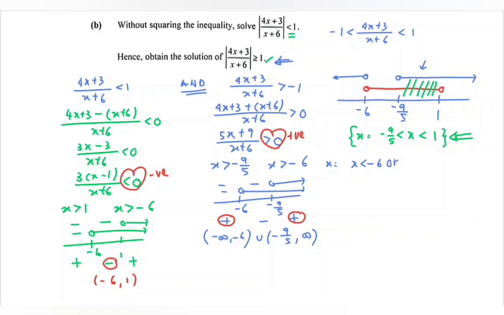Or, continue, x is greater than negative 6, less than and equals to negative 9 over 5. Or, we have the situation x is greater than and equals to 1. So that will be the answer for the second part, or the solution set for the situation greater than and equals to 1.